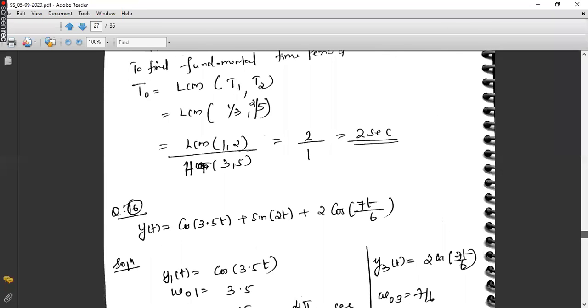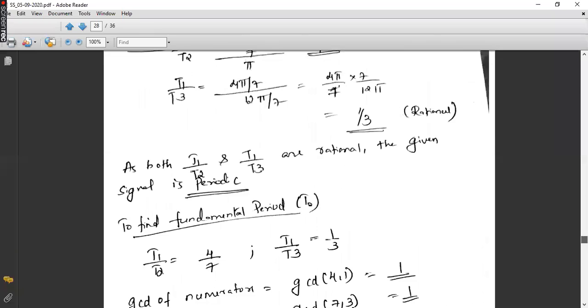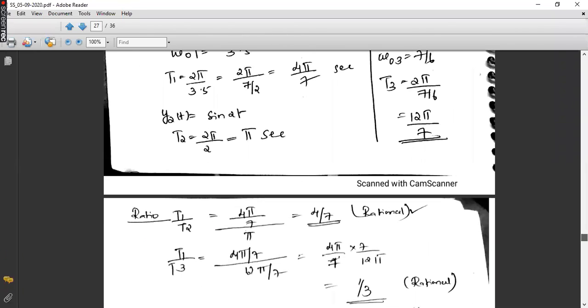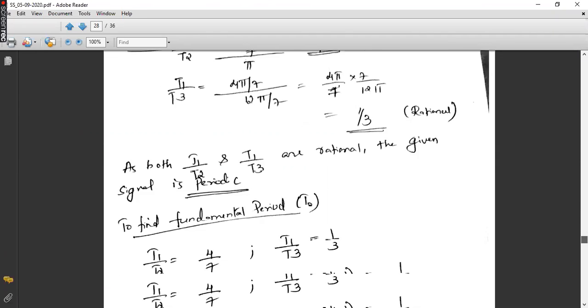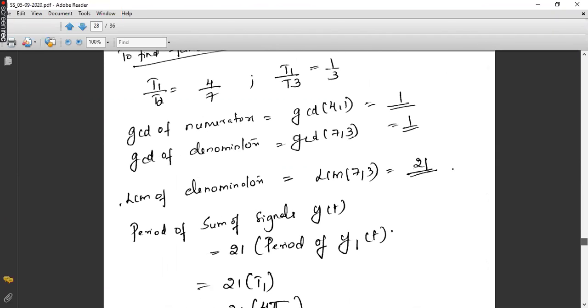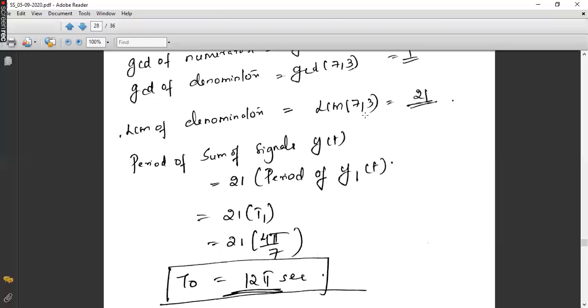This is a combination of three different signals. So you have to proceed in this particular step only. You need to find the separate ratios and find the denominator factors and find the LCM. How we are going to take these denominator factors will be clear after doing the next problem.